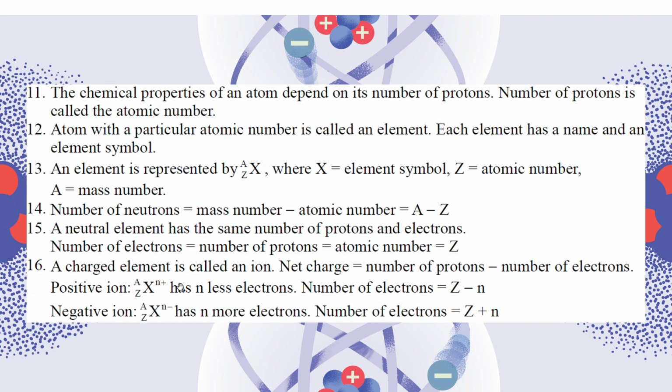It has N fewer electrons, ionized N times, so the number of electrons equals Z minus N. For a negative ion, AZX with N minus, it has N more electrons, so the number of electrons is the number of protons plus N. Very complicated. When you work on more exercises, you get familiar with it. Trust me, you will encounter it over and over in the whole IBDP chemistry course.